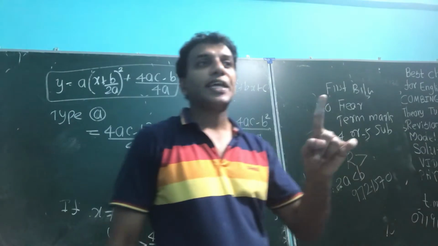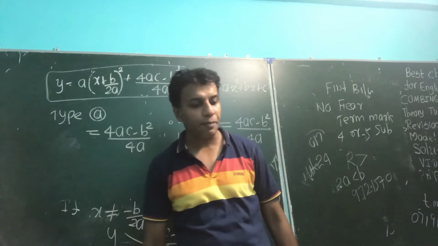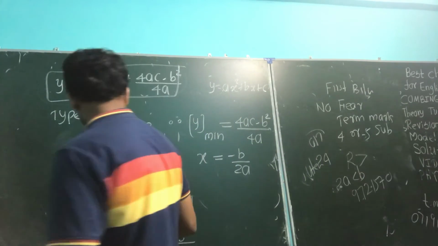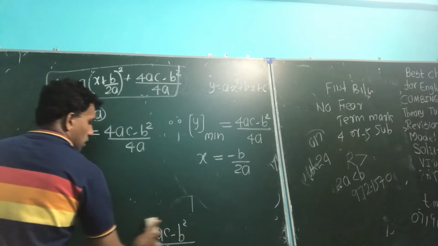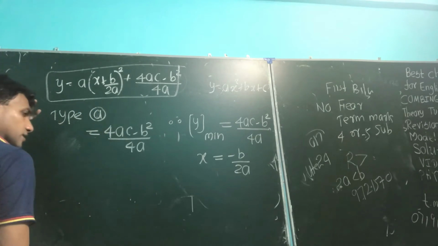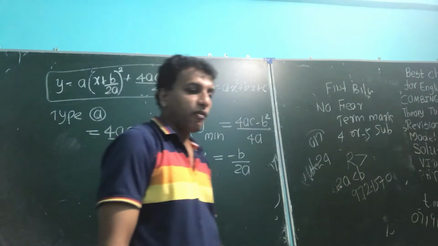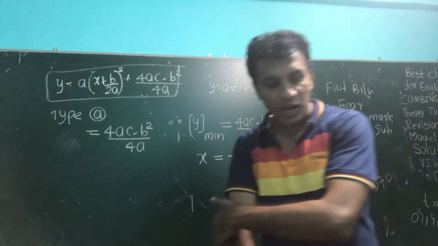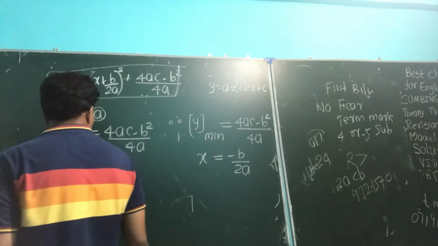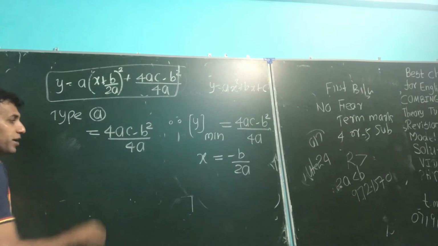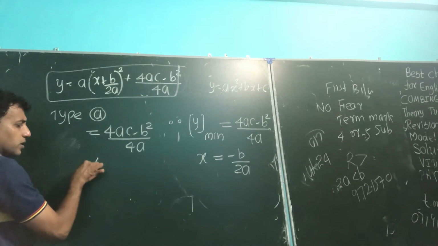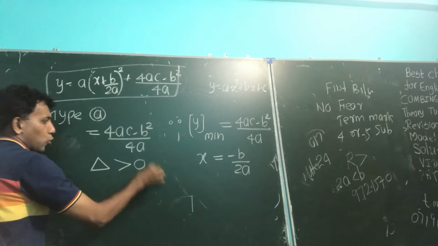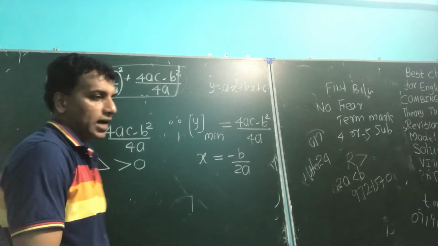If the discriminant of the quadratic function, delta greater than 0. Delta, do you know delta?